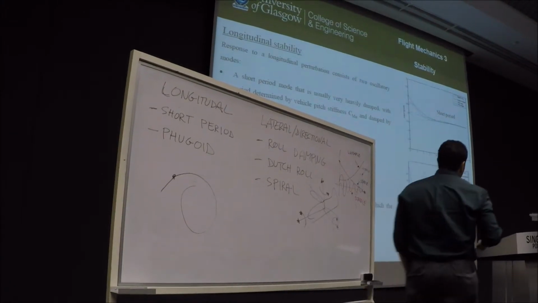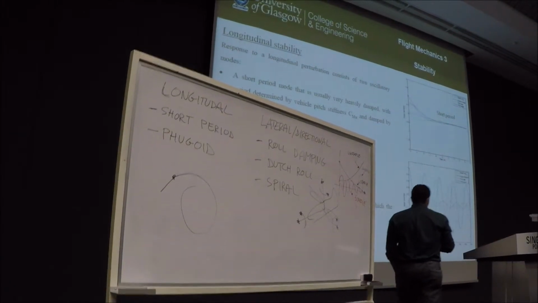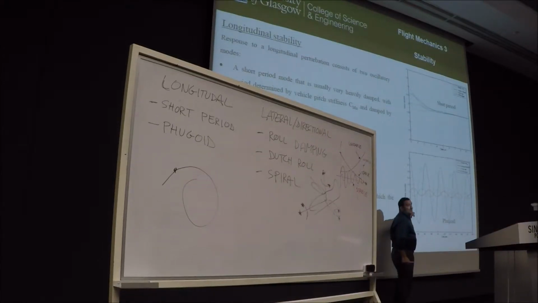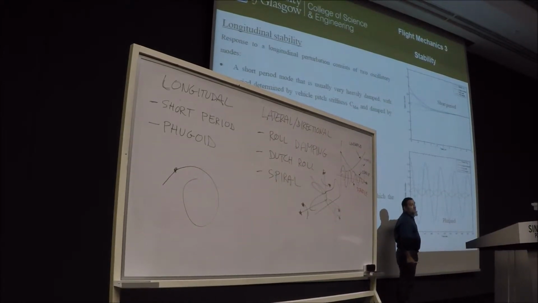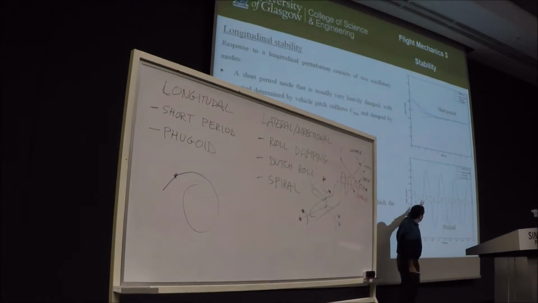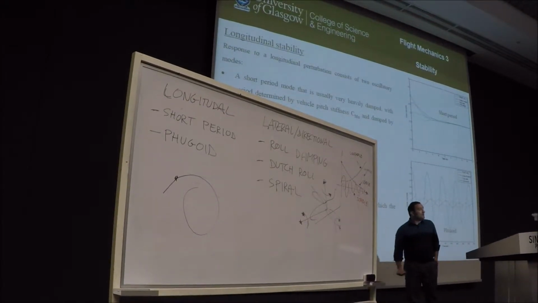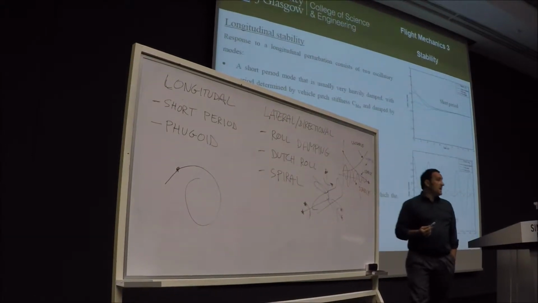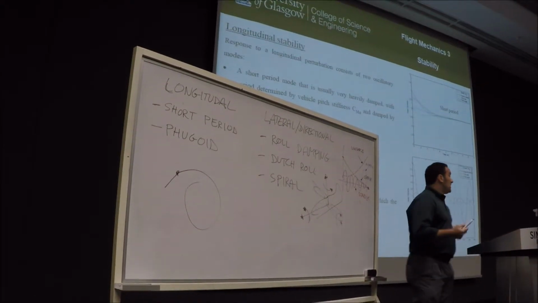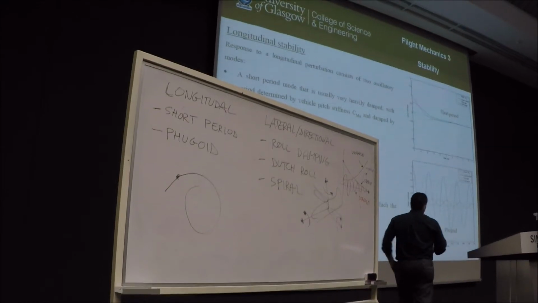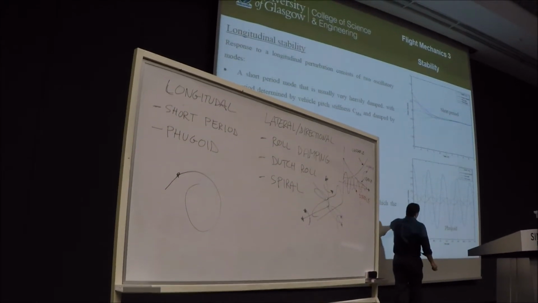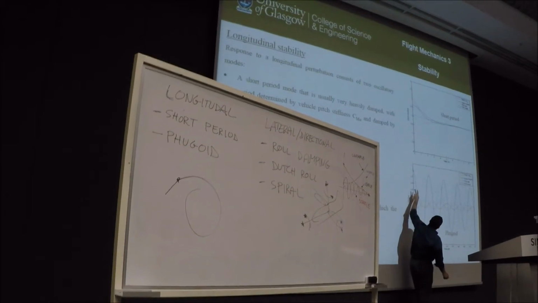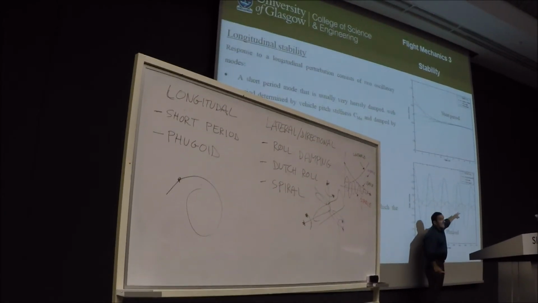You have oscillations for some state vectors here. In the case of phugoid, you have a change in pitch angle and velocity of the aircraft. Here you can clearly identify an oscillating mode with very light damping.